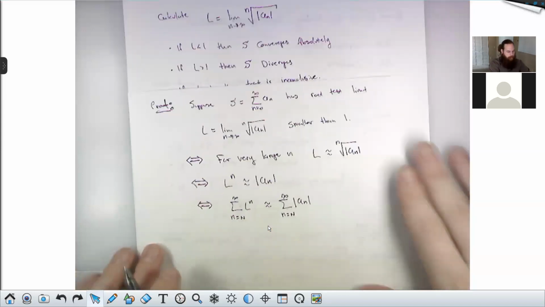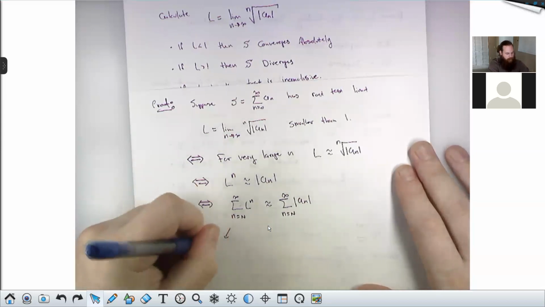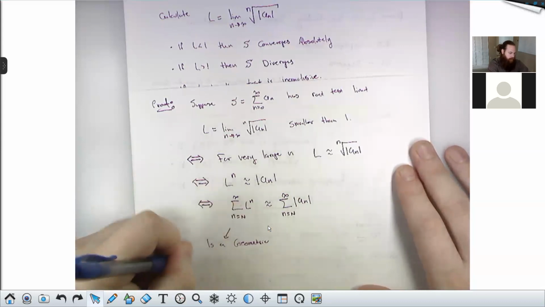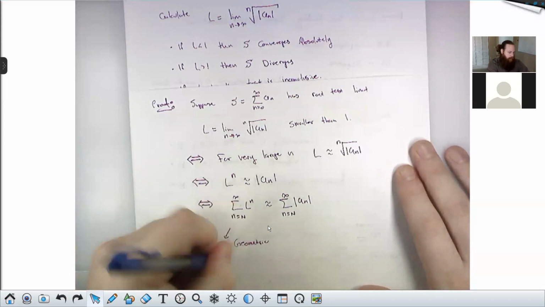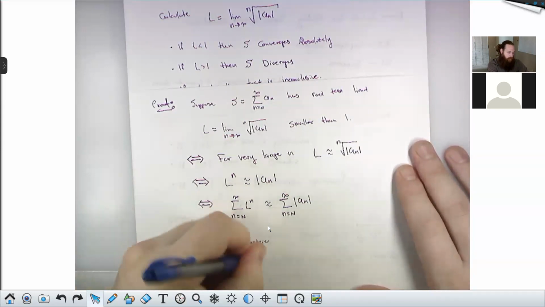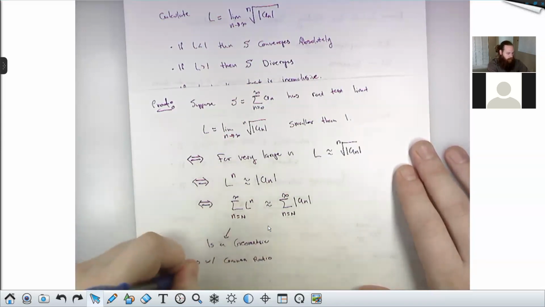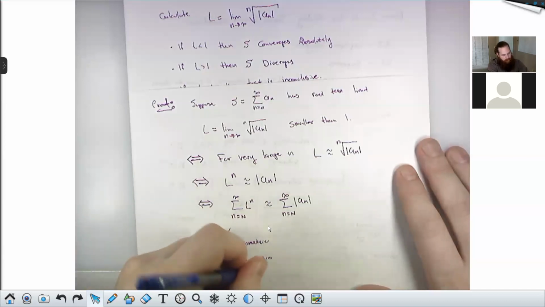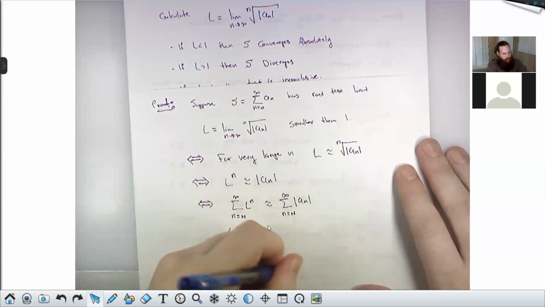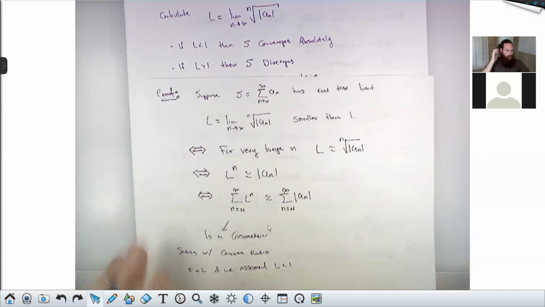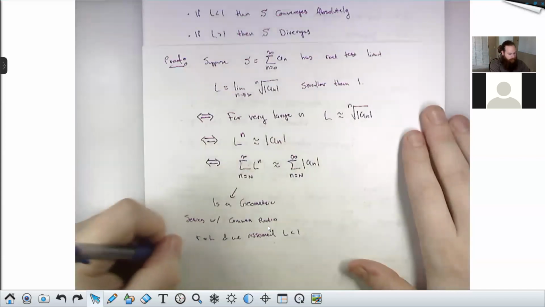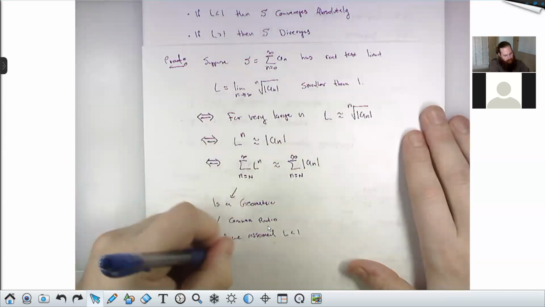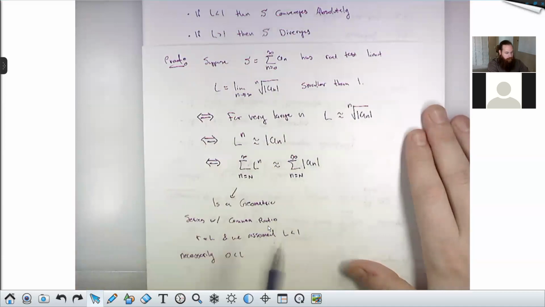The series on the left, this is a geometric series with common ratio r equal to L. And we assumed L is smaller than 1. Now L is necessarily positive because of how it's defined.